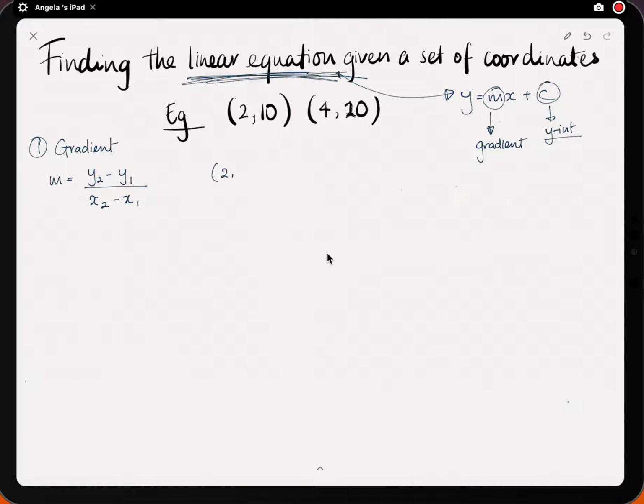So writing my coordinates out again, I'm just going to label which one's x1, which one's y2, etc. So I'm going to say that 2 is x1 and 10 will be y1, therefore making 4 x2 and making 20 y2. So now substituting these values into the equation, I'm going to have 20 minus 10 on 4 minus 2. So m is equal to 10 on 2, thereby making m 5.